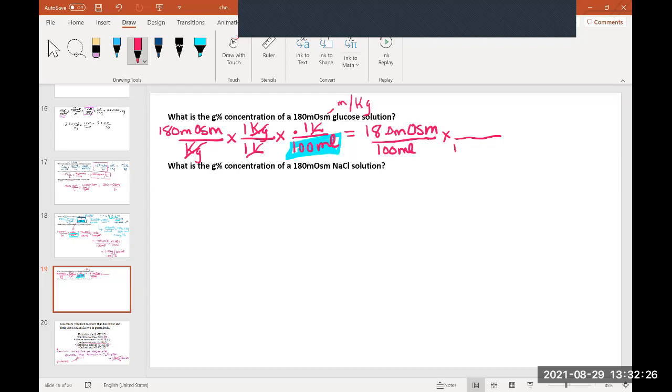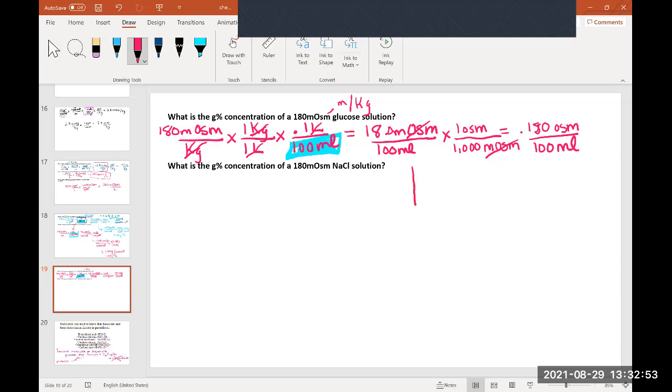There are 1,000 milliosmolal for every 1 osmolal. So our millis would cancel, and this means we now have 0.180 osmoles for every 100 milliliters of solution.